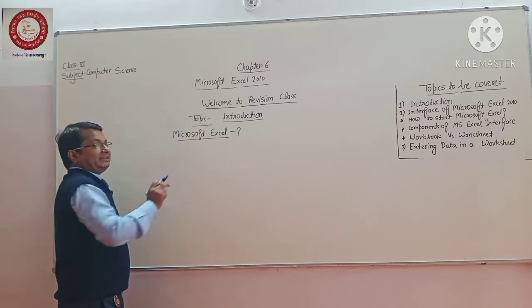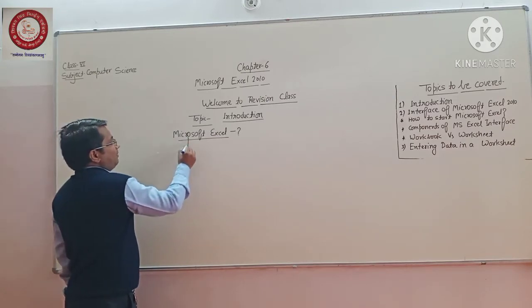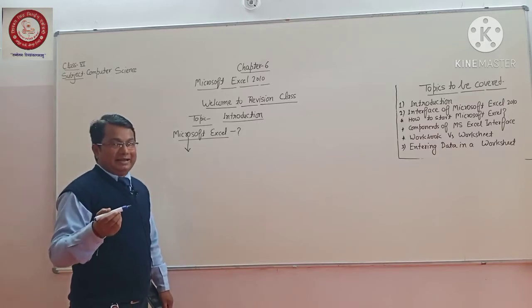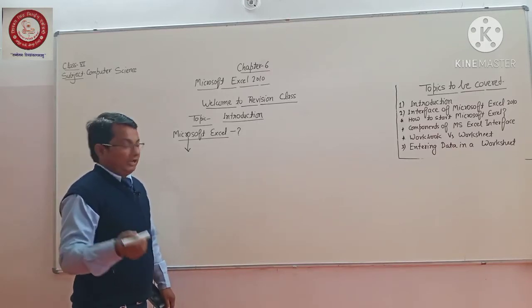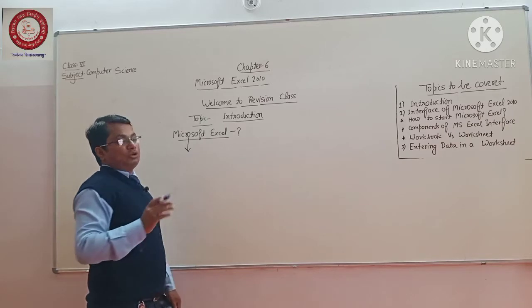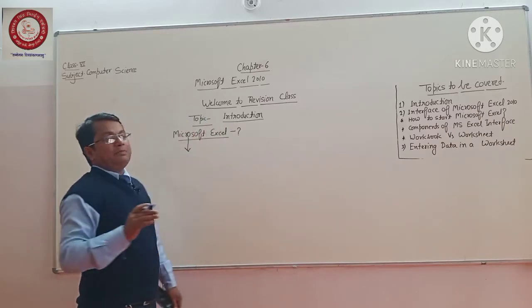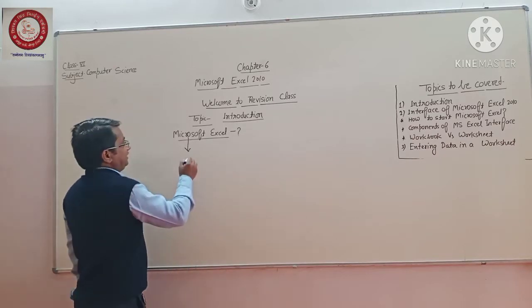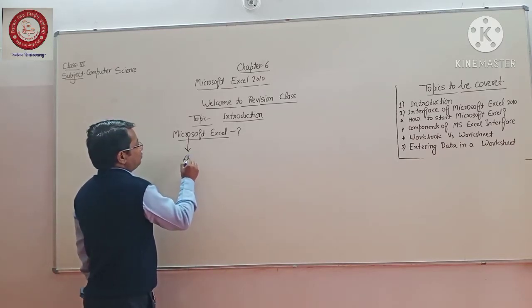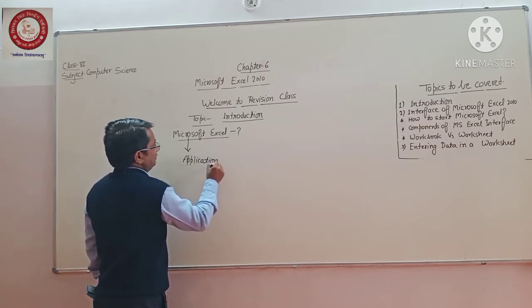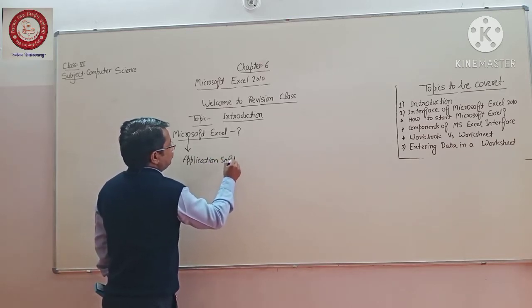Microsoft is one of the largest software companies, and Excel is the name of the software. If you combine these, it becomes Microsoft Excel. So you can say that Microsoft Excel is a kind of application software.